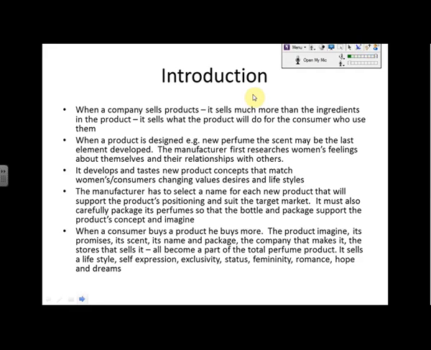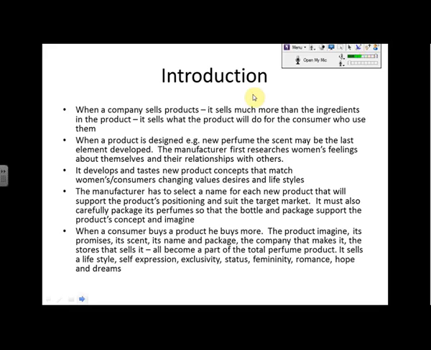When a consumer buys a product, he buys more. The product image, its promises, its scent, its name, and package. The company that makes it and the stores that sell it all become a part of the total perfume product.